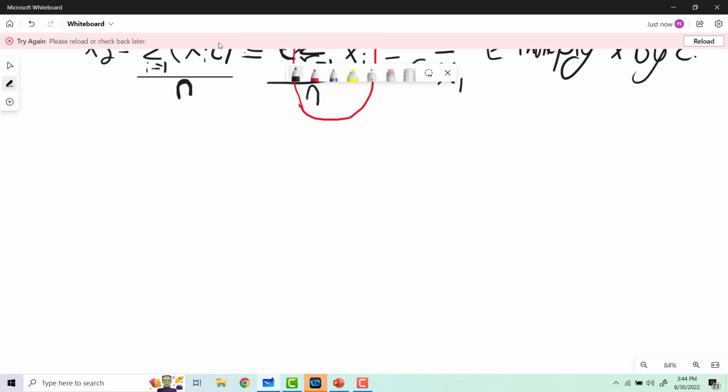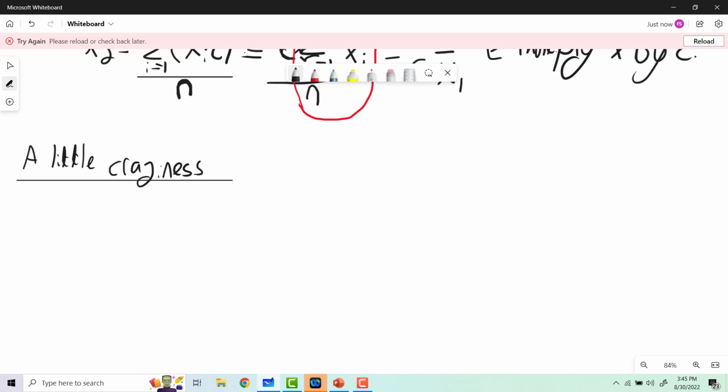So I'm just going to call this section a little craziness. I'm not going to ask you to calculate one of these weird means on the exam.